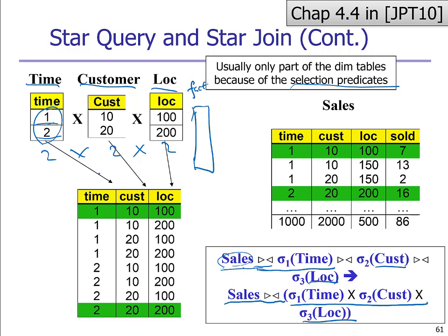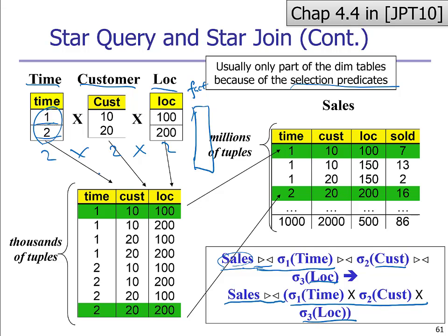So basically, for a fact table, we're expecting to have millions or even tens of millions of tuples. But for those tables, either the time table or customer table or location table, or the cross join of these tables, especially after we apply the selection criteria, we will have a very small table.